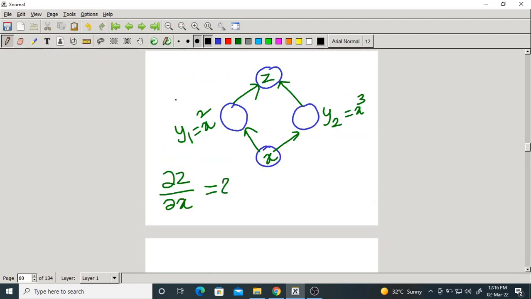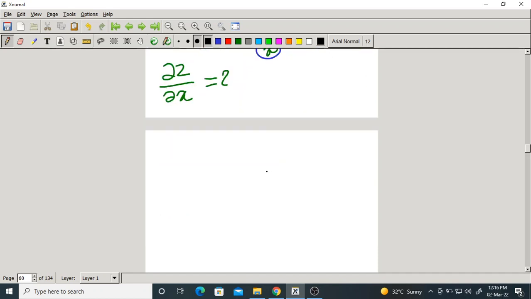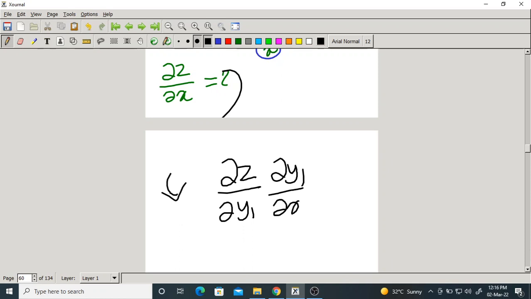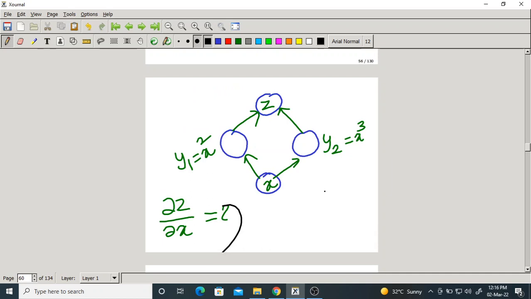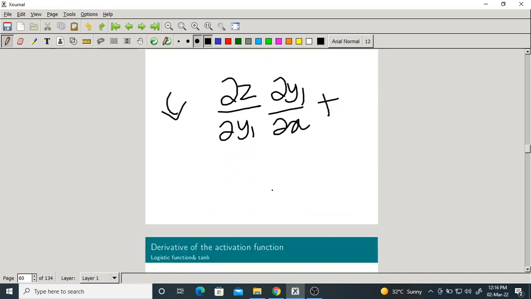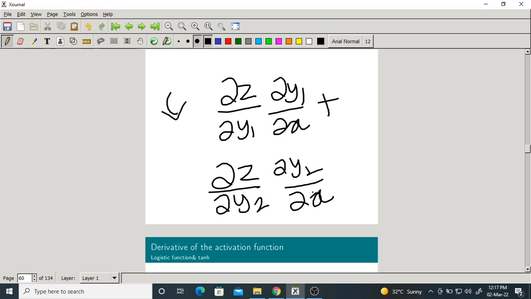The answer is ∂z/∂y1 into ∂y1/∂x, plus ∂z/∂y2 into ∂y2/∂x. The first term is for one path, this part, and the remaining term is for the other path. This is how we deal with multiple paths.